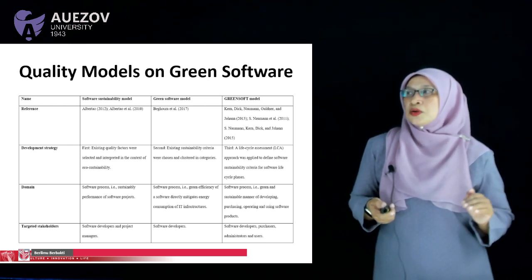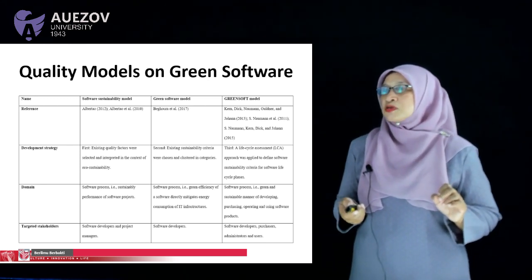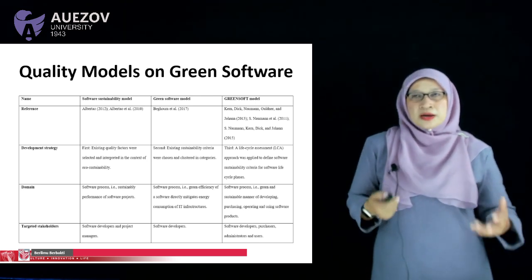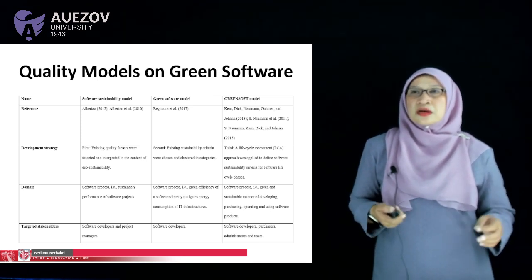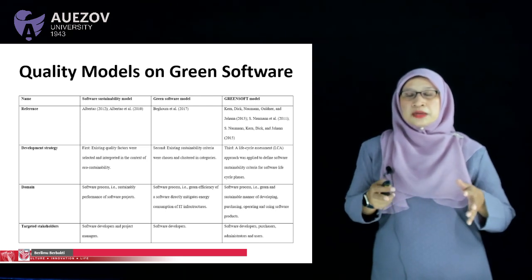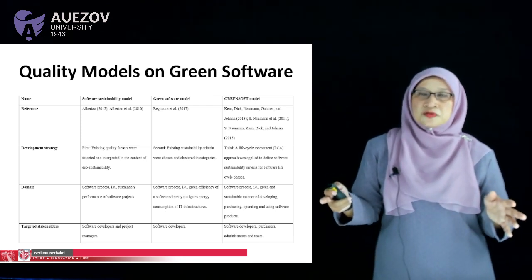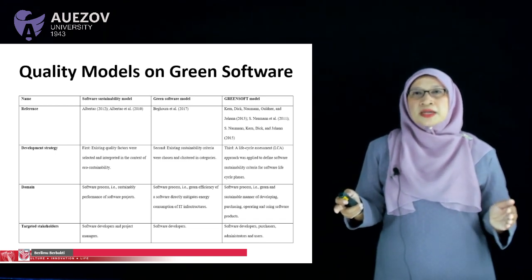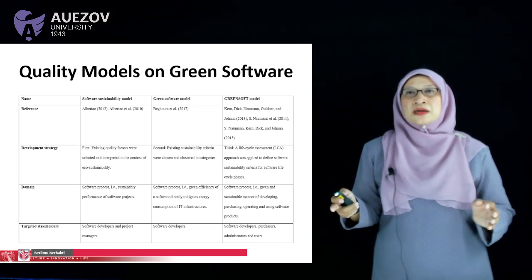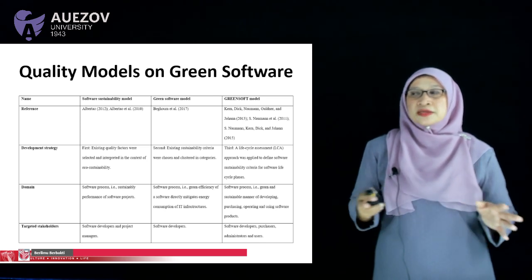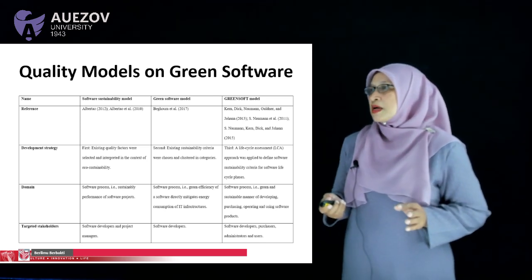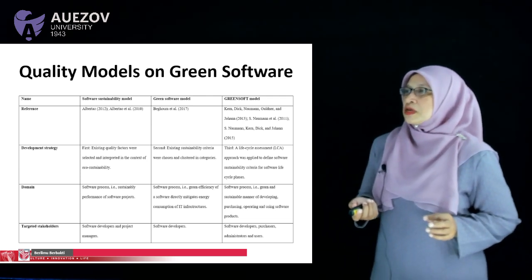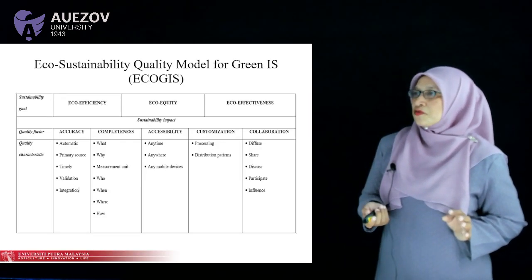So what we want to measure is how green, how young, the software is, because although it has been used for many decades, there are many improvements done by the developers or by the people maintaining the system. Those are some of the metrics that we use to measure green software.